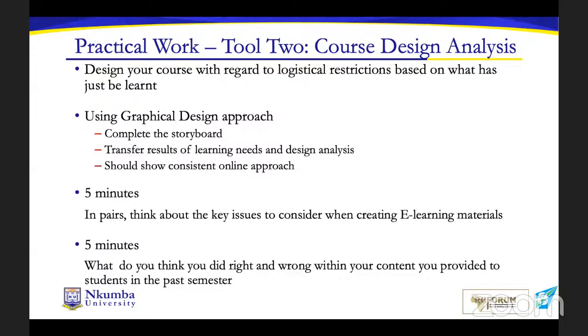We want us to spend as little time as possible, probably 5 minutes from each one of us. Try to fill in that tool 2 first. And then once we come and show you feedback after the 5 minutes, we should be able to evaluate ourselves and see if we are really able to analyze our course design.